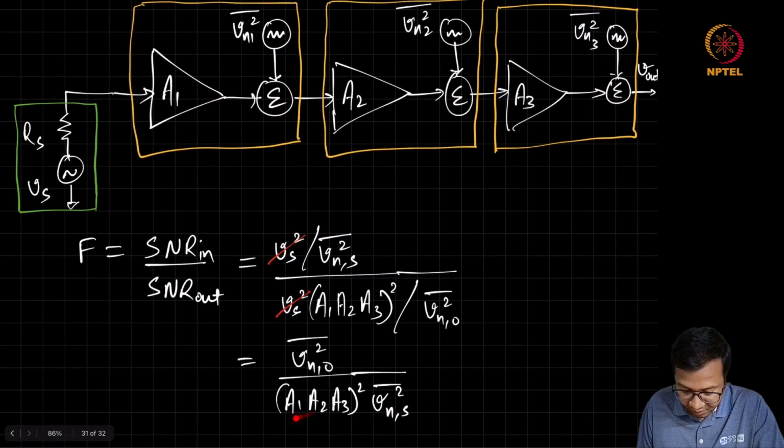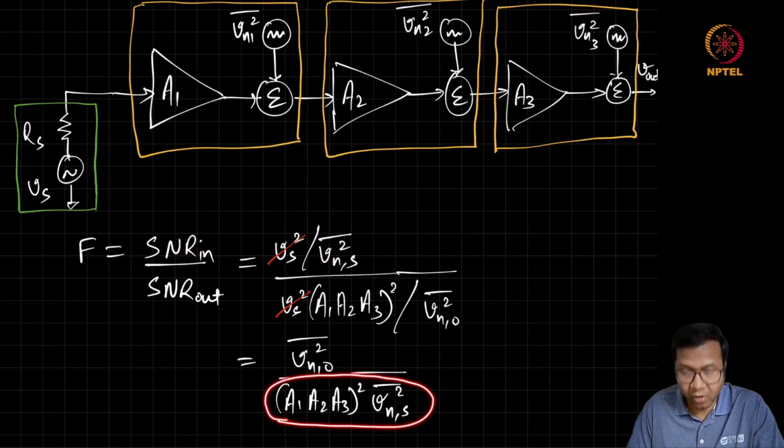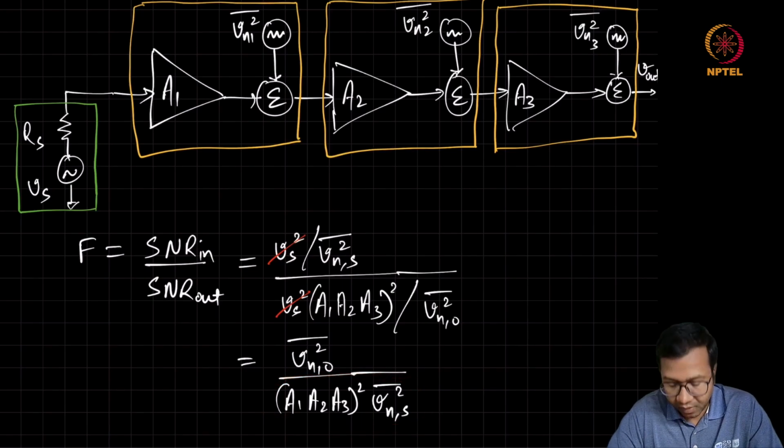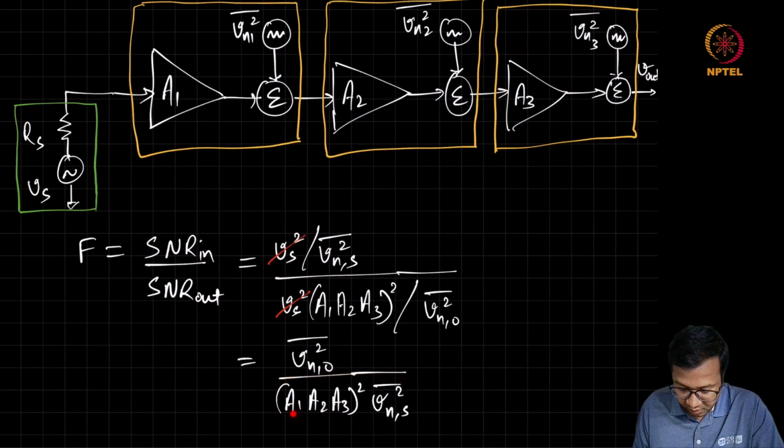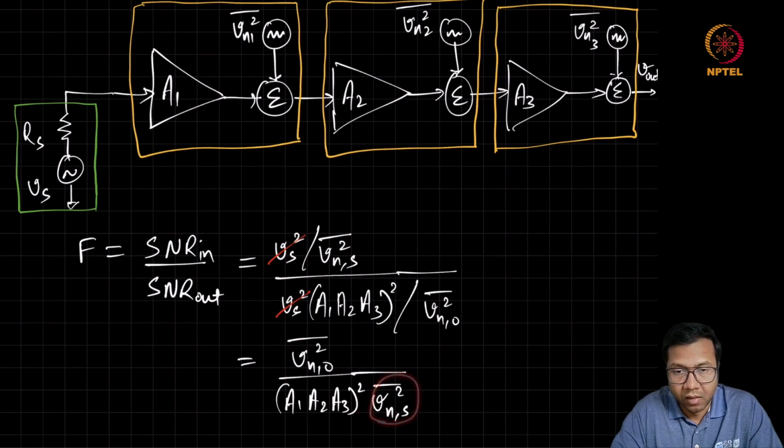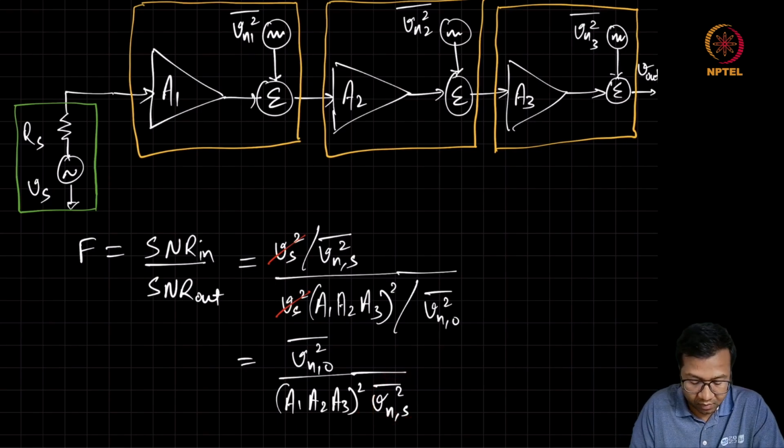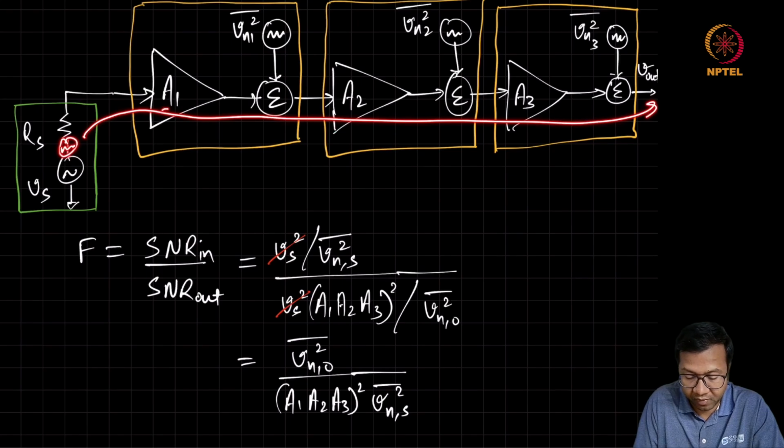So if we look at this expression in the denominator carefully, we find that this (A1 A2 A3) whole square multiplied by Vns square is actually the noise of Rs, which is appearing at the output after passing through these three gain stages.